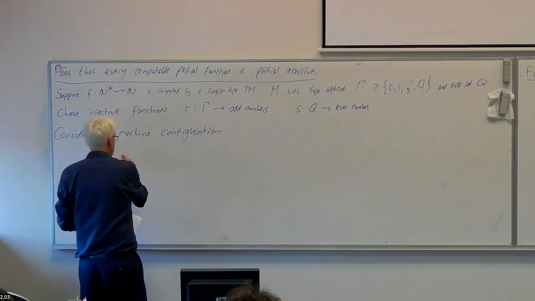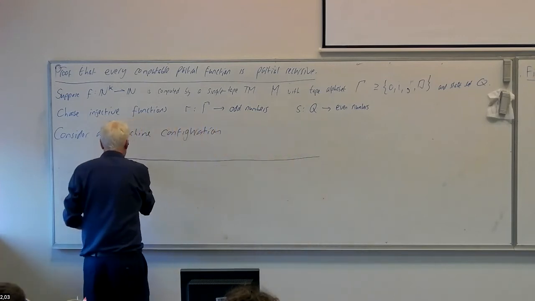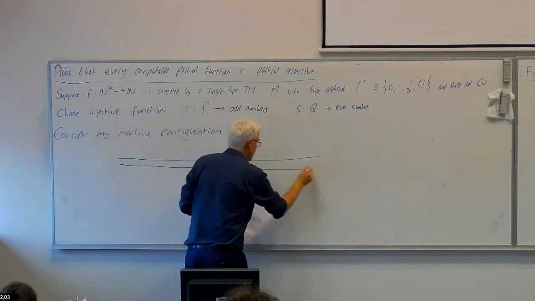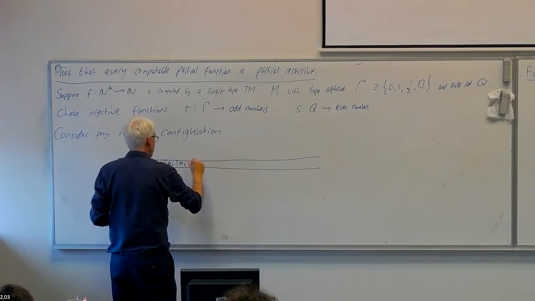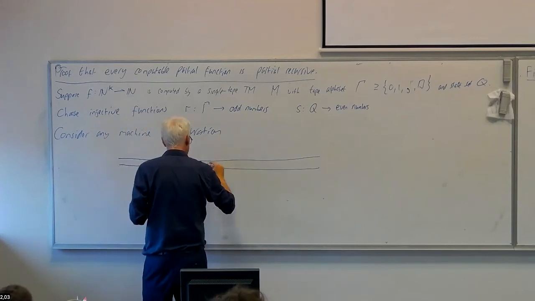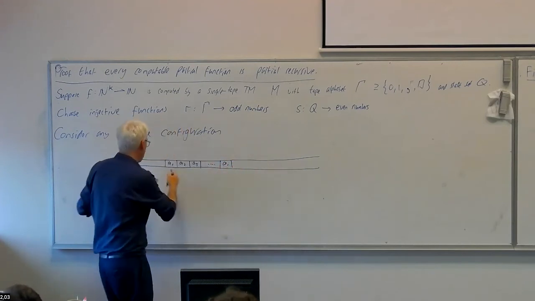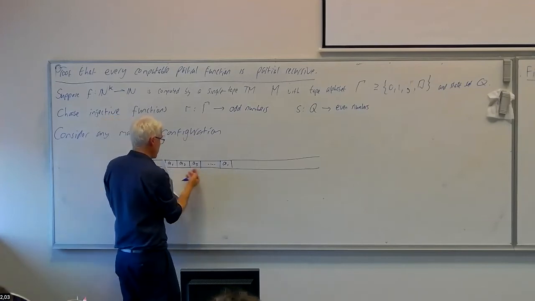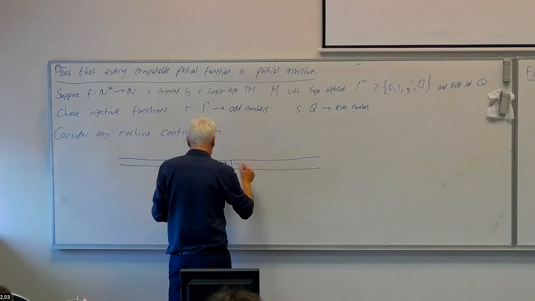So, going back to drawing Turing machines like we were doing in the earlier lectures. A machine configuration will have its interesting part of the tape, where everywhere else the characters are blank. Some of these might be blank, but all the non-blank characters are contained in the interesting part.